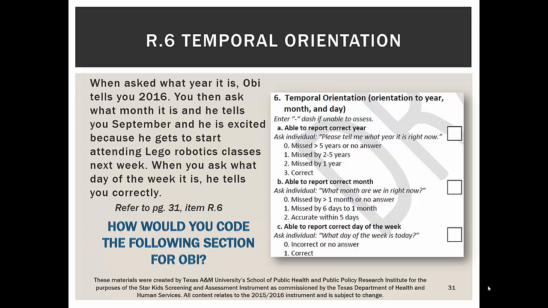Let's look at item R6, temporal orientation. When you ask Obi what year it is, Obi tells you it's 2016. You then ask what month it is, and he tells you September, and he's excited because he gets to start attending Lego robotics classes next week. When you ask what day of the week it is, he tells you correctly. So how would you code the following section for Obi?